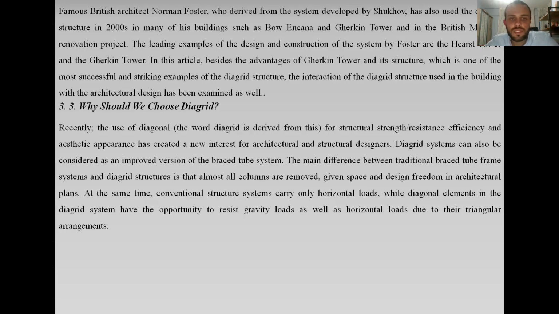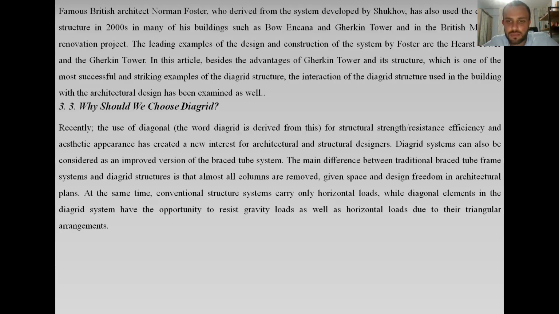Recently, the use of diagonals for structural strength, resistance, efficiency, and aesthetic appearance has created a new interest for architectural and structural designers. Diagrid systems can also be considered an improved version of the braced tube system.